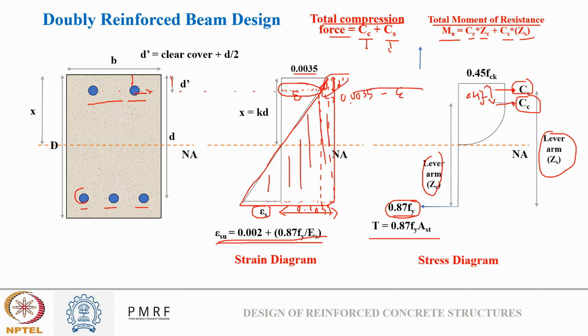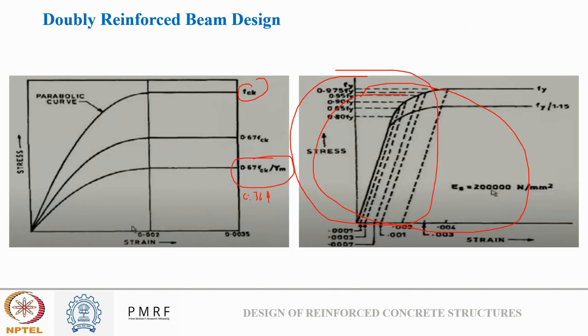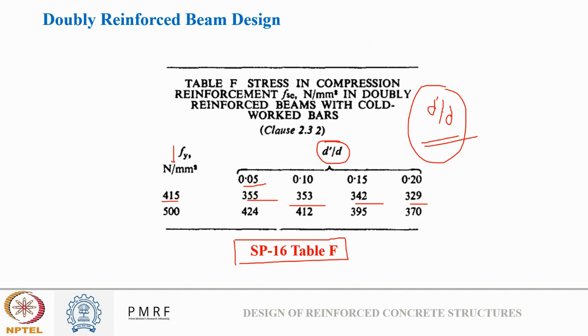So d dash upon this value is equal to total depth d upon this value. From the other values, you will get the value of epsilon. Since you know the strain from this stress strain graph, you can calculate the corresponding compression stress. To simplify all the calculation, you can directly refer to this table.